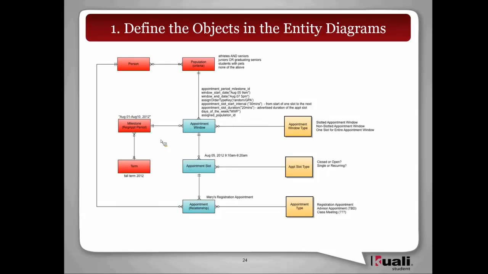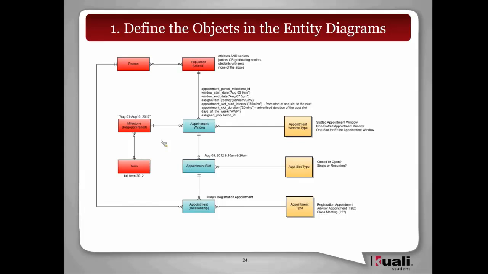Maybe there are multiple occurrences of this appointment. Or you go down to the actual appointment type. Well, it's a registration appointment, which is the goal of this particular service right now. But we're hoping, by using the types, that we could use the same model to do advisor appointments or other types of class meetings. So we just list them out there, so people looking at the diagram have some sense of what we're talking about.